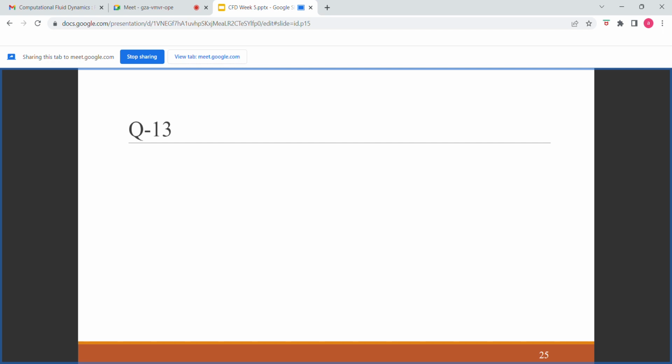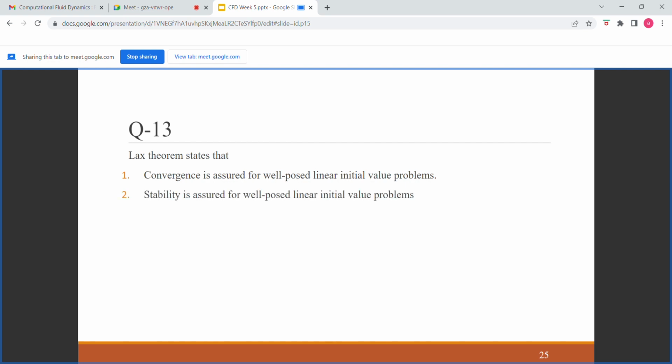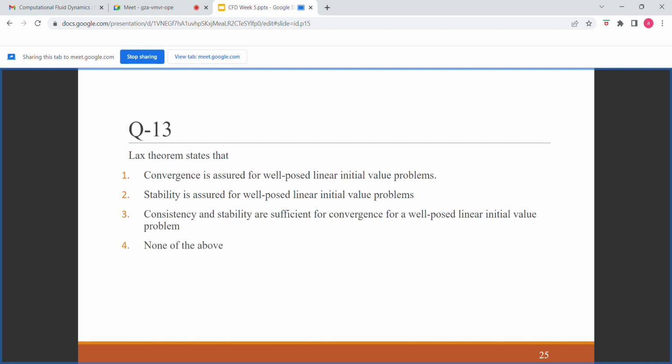The question 13 asks: Lax's theorem states that convergence is assured for well-posed linear initial value problems; stability is assured for well-posed linear initial value problems; consistency and stability are sufficient for convergence of a well-posed linear initial value problem; none of the above.